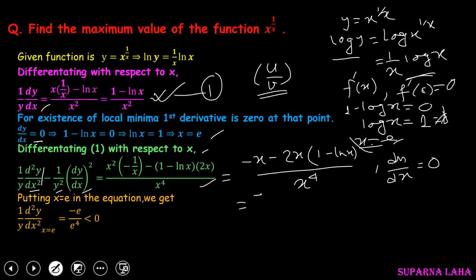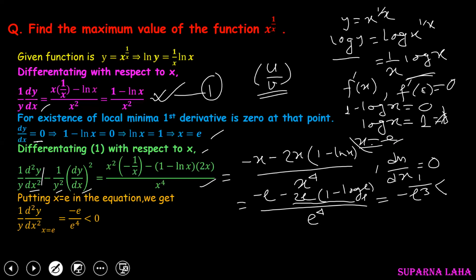So you will find this is minus e and minus 2 into e into 1 minus log e base e, over e to the power 4. Now if we simplify it, since log e is 1, this term will vanish. So the remaining term is minus 1 upon e cube, which is less than 0.